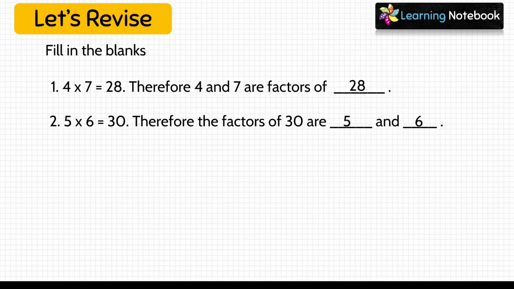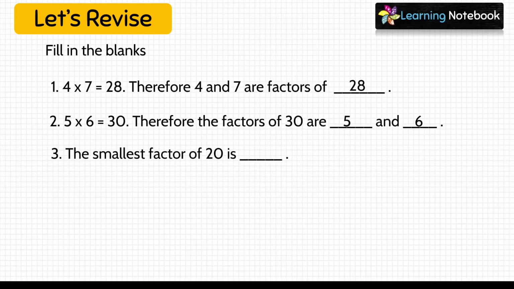Next, the smallest factor of 20 is dash. Answer is 1, because we learned the property that 1 is the smallest factor of a number. Let's see the next question. Dash is a factor of all the numbers.